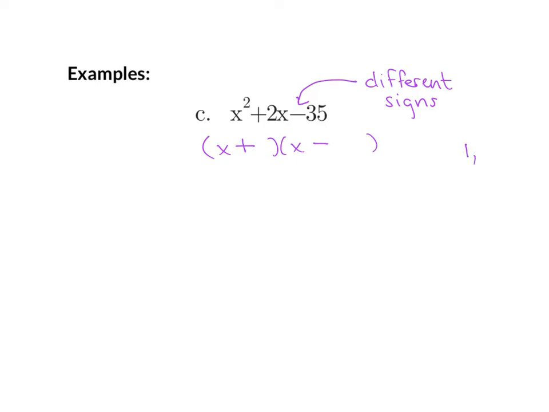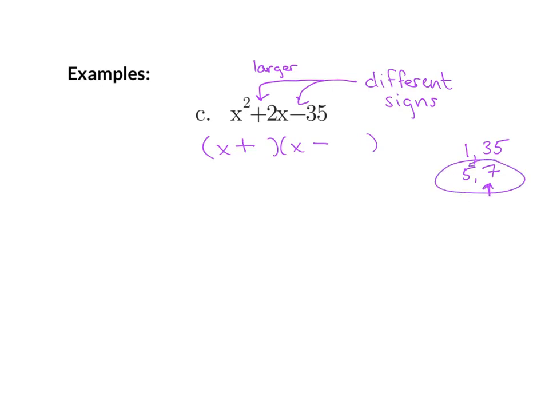Well, things that multiply to 35 are 1 and 35 and 5 and 7. Since we are talking different signs, remember that in order to combine numbers with different signs, we subtract, and our larger number is going to be positive. So, which pair subtracts to 2? That's the 5 and the 7.